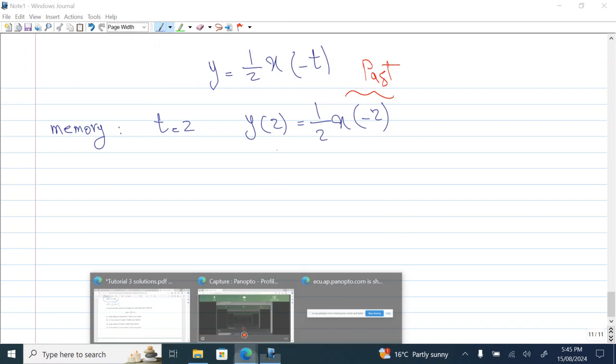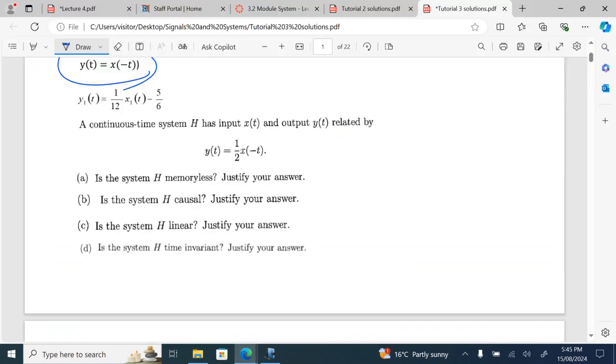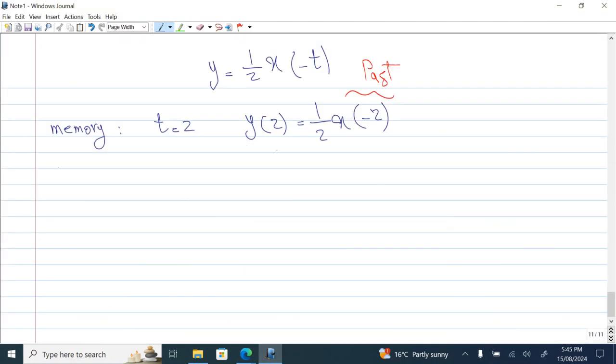The other one was causal. To check if it's causal or not, try to find an input in the future. Can you find an input in the future?